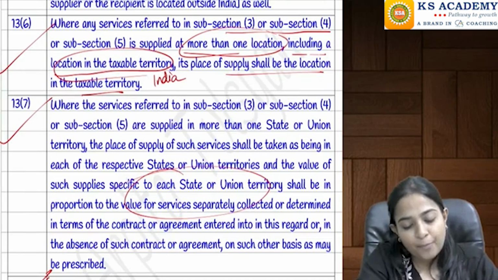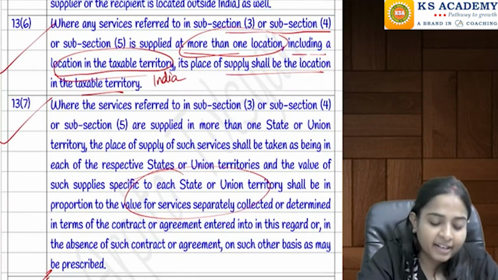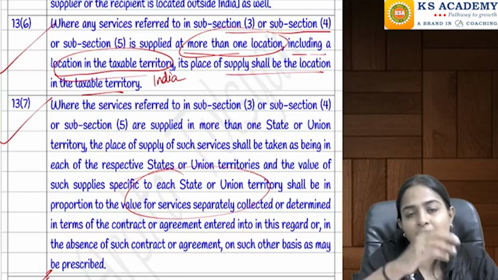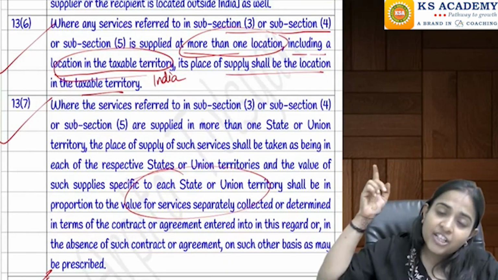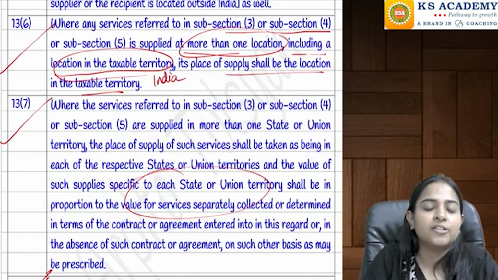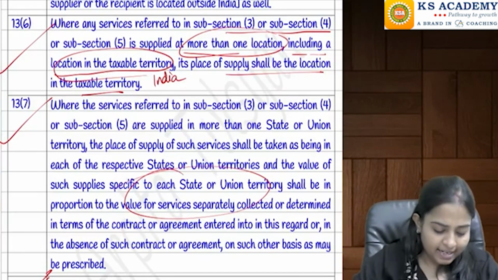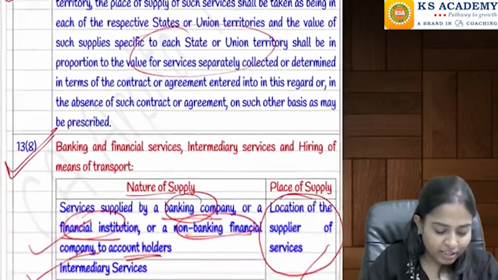If these services are provided in more than one location, including India or including a taxable territory, then the place of supply will be the location in the taxable territory. Section 13.7 says that if in India also it is provided in multiple states or union territories, then in that case divide the amount accordingly on the basis of rules that we have just now studied.